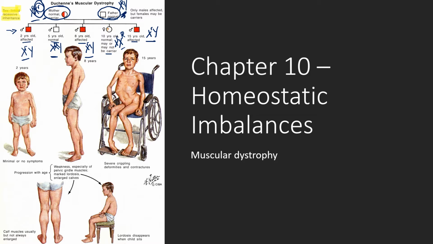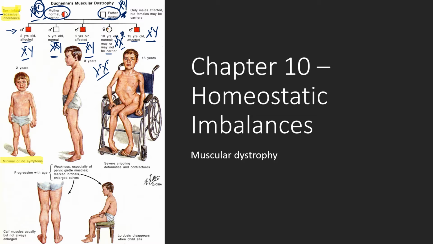So even if it is the mutated gene, she could be a carrier, but she's not going to show any symptoms. Because it's a recessive gene, she would have to have both recessive genes in order to express muscular dystrophy or to show symptoms. So as you can see in these pictures, a boy who does have the recessive mutated gene for muscular dystrophy, when they're quite young, they actually don't show many symptoms, or maybe very minimally.